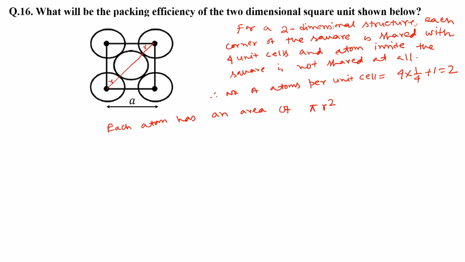So one atom has area pi r square, and two atoms have area twice pi r square.